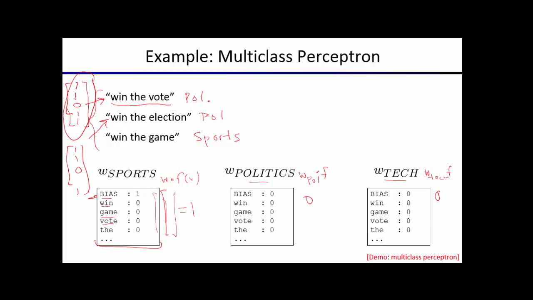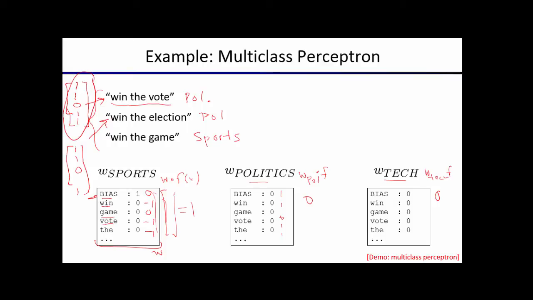So the new sports vector will now become 0, -1, 0, -1, -1, and the new politics vector will now become 1, 1, 0, 1, 1.